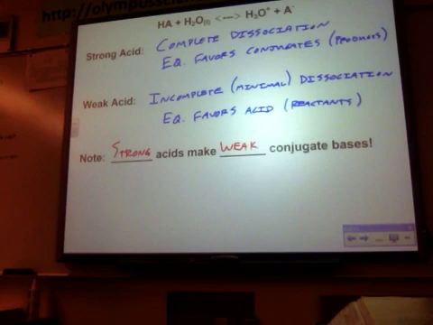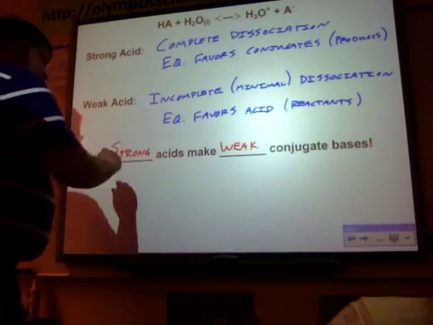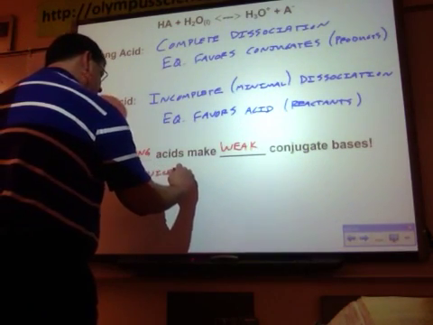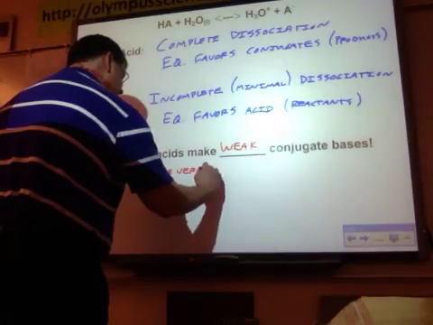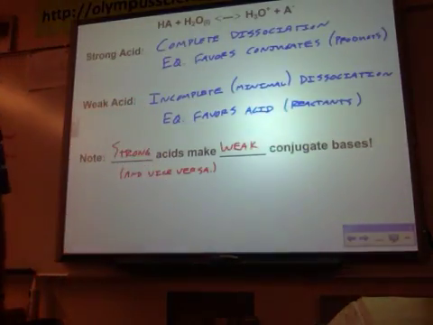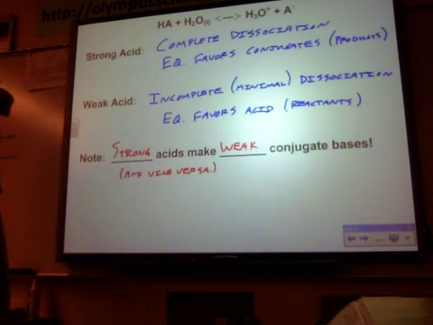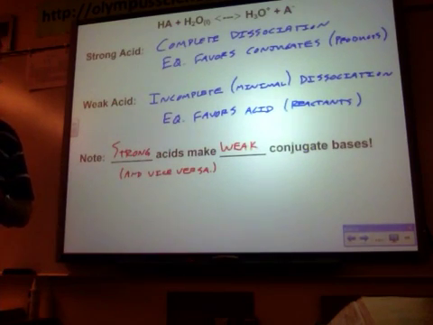And the reverse is also true, and vice versa. Okay? Strong acids make weak conjugate bases. Weak acids make strong conjugate bases.